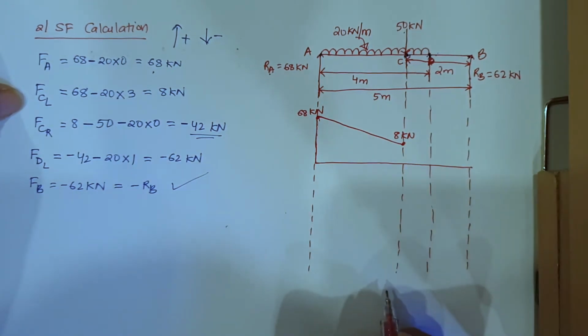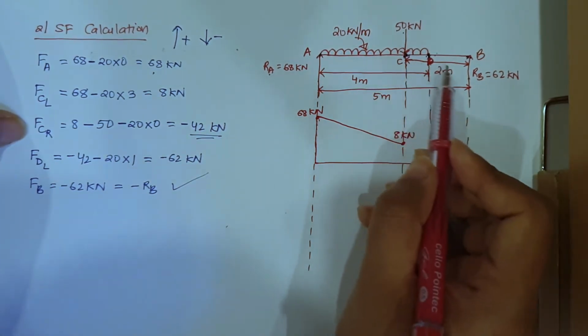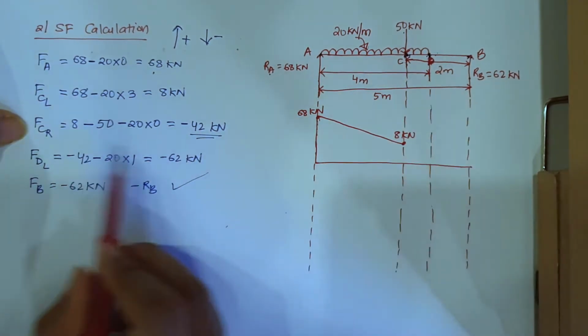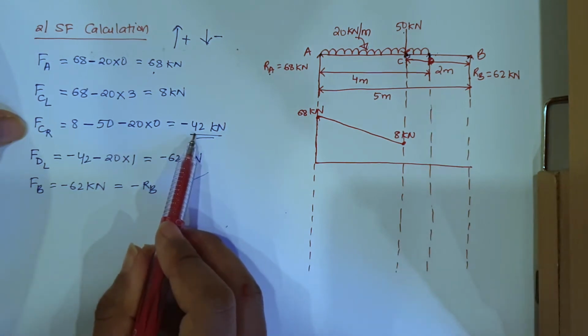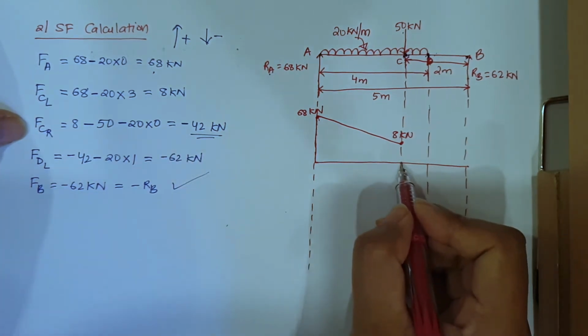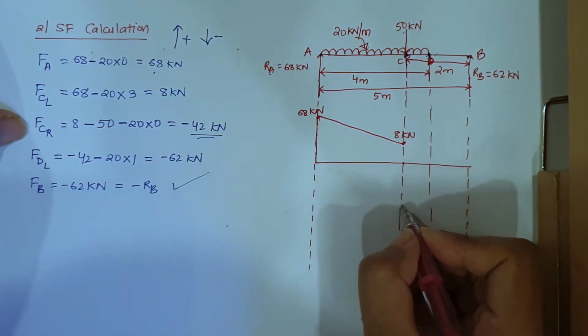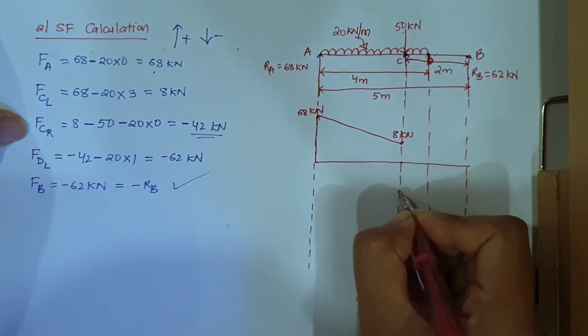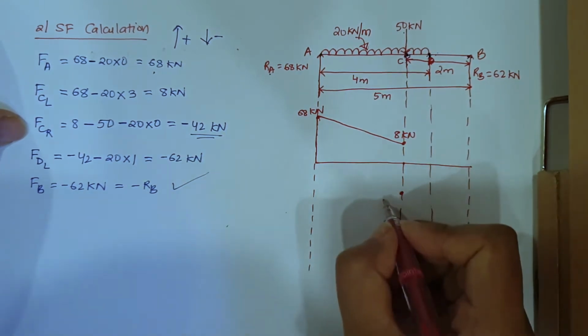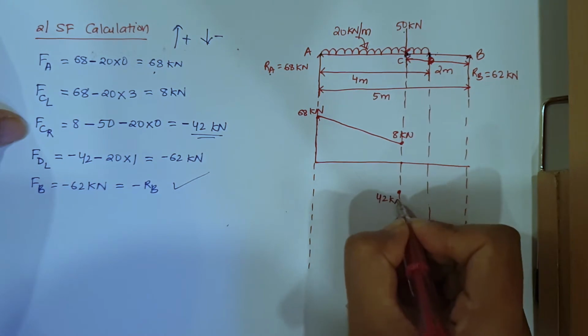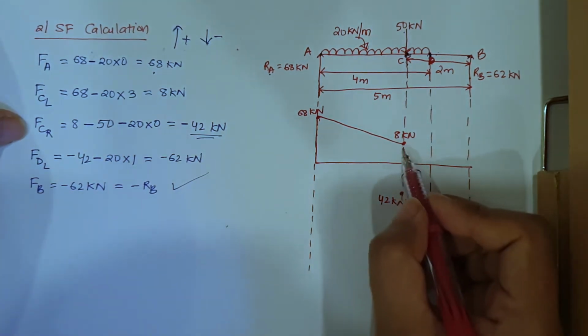Then at point C on the right hand side, when we go, it has gone to minus 42. So whatever you draw below this line will come in negative. So minus 42, let us mark it somewhere around here. So this is 42 kilonewton. Okay, so let me join this line.